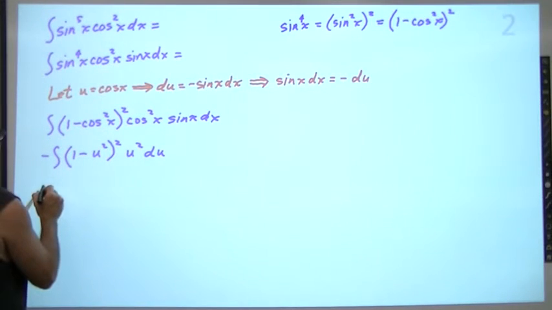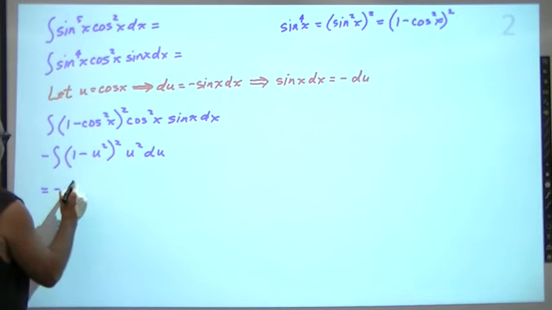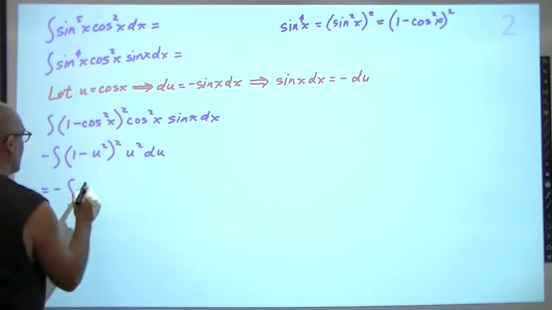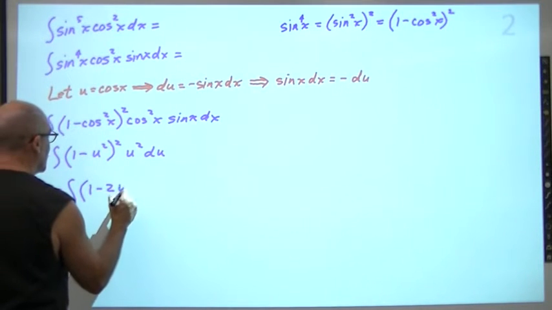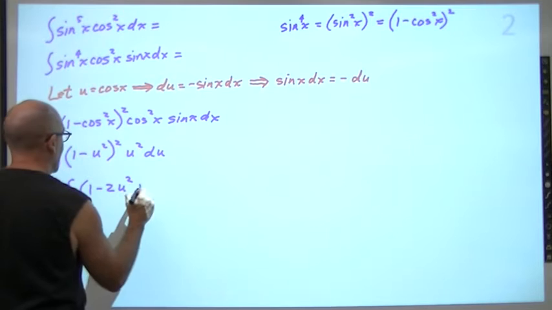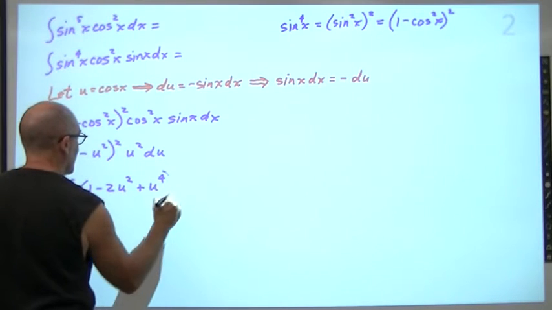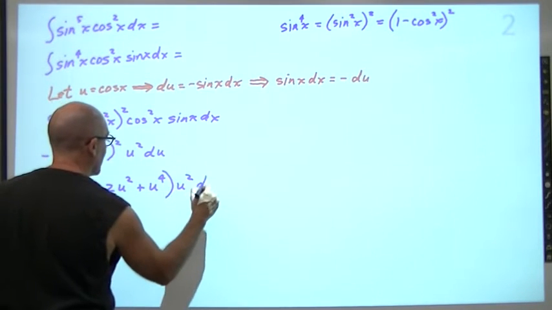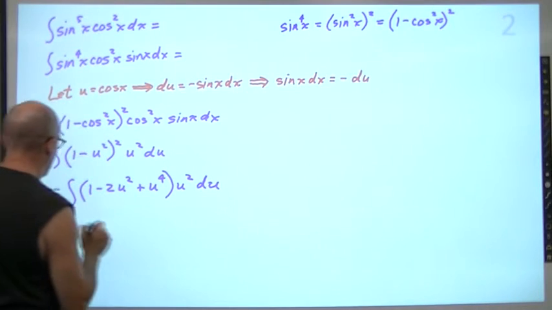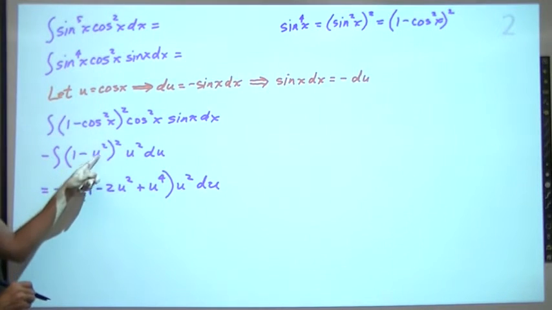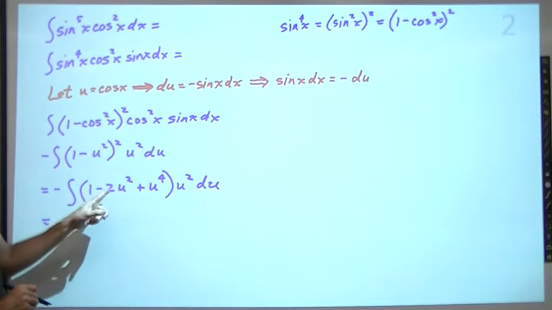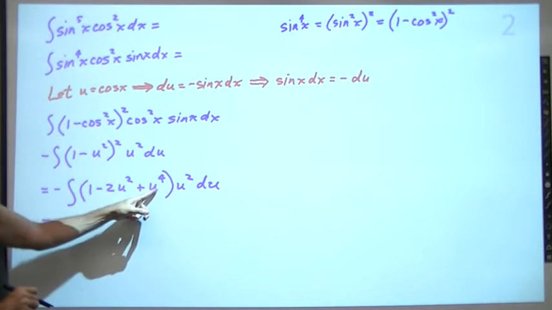Okay, so this equals the negative integral of 1 minus 2u squared plus u to the fourth, all times u squared. All I did was expand my a minus b quantity squared is a squared minus 2ab plus b squared.